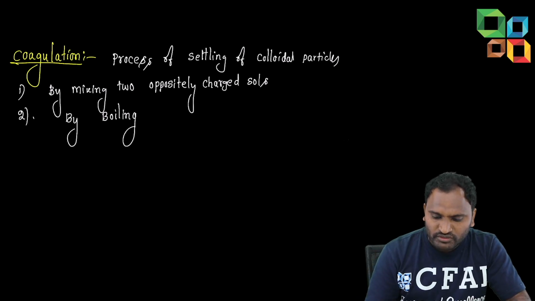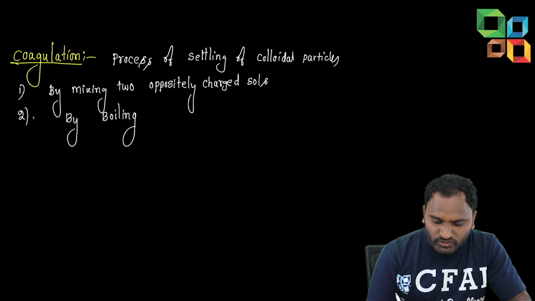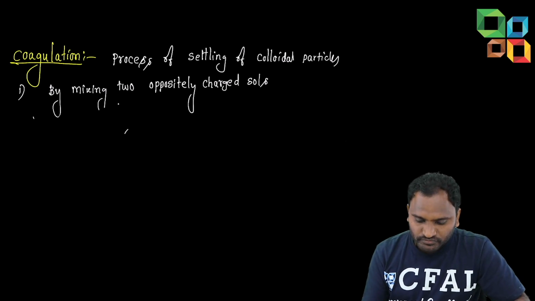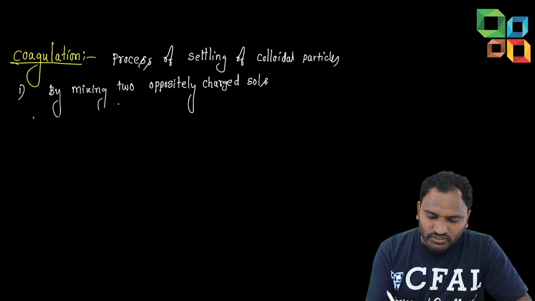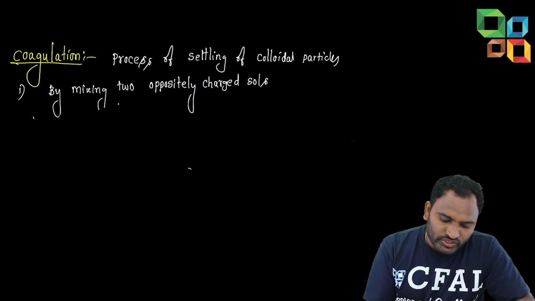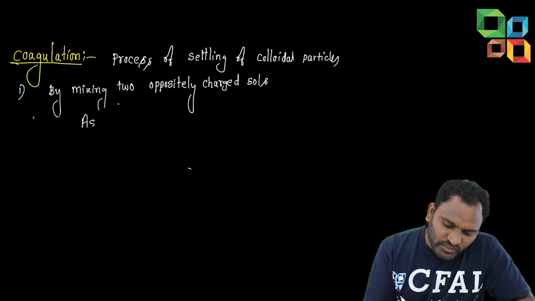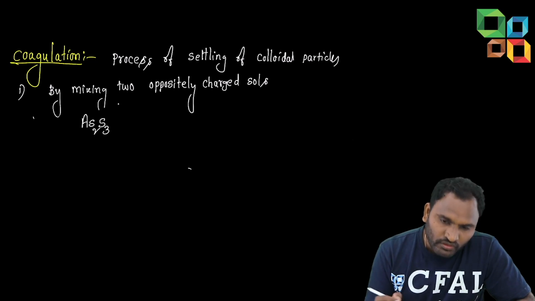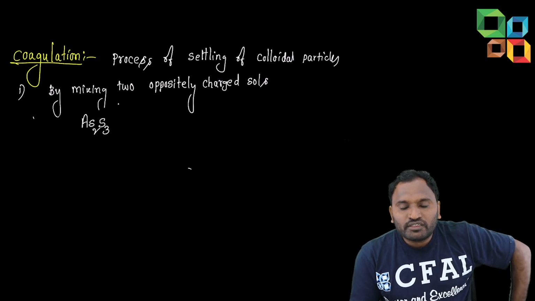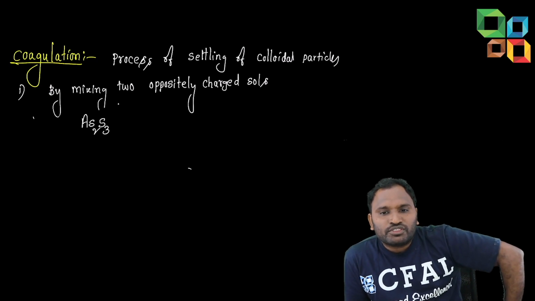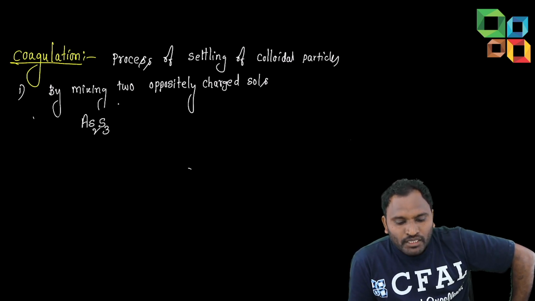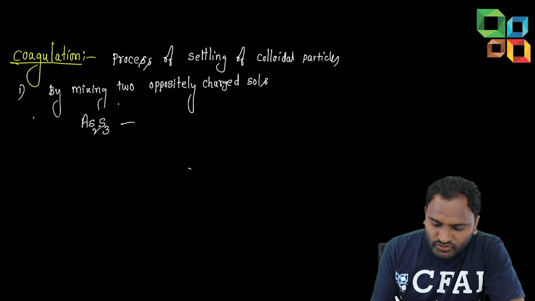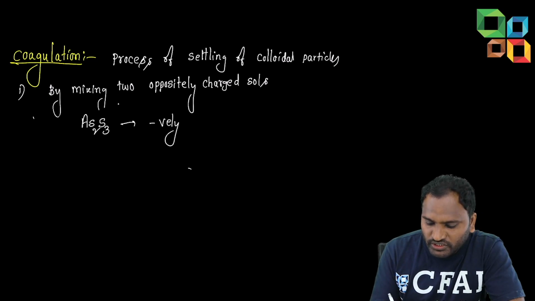Before boiling, I wanted to give one more piece of information about mixing opposite charges. See students, As2S3: is it a negatively charged or positively charged colloidal solution? It is a negatively charged colloidal solution.